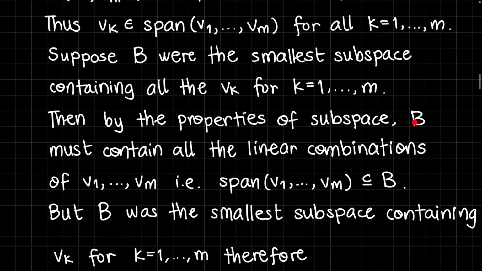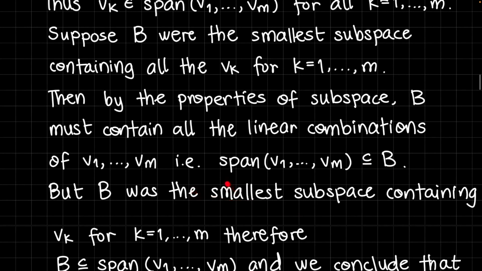This is one of the properties of being a linear subspace. So it contains all the linear combinations of v1 through vm, which is just the span. So the span of the m vectors must be inside B, so span is an improper subset of B.